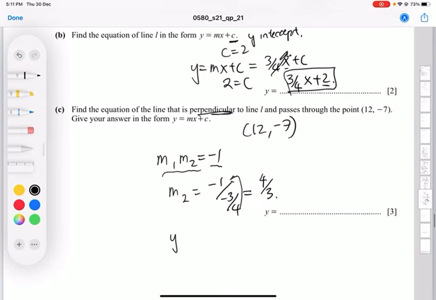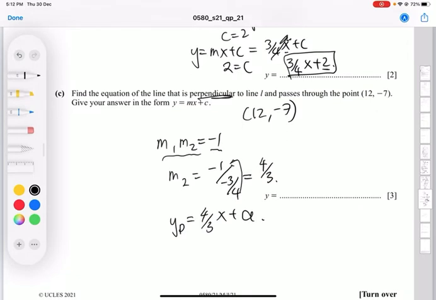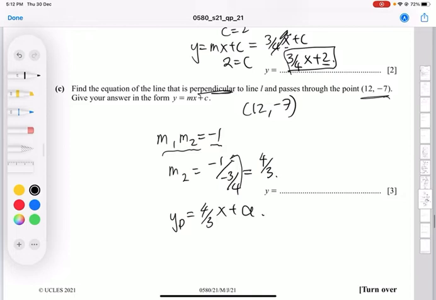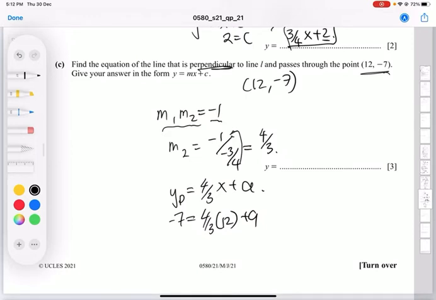Now, this perpendicular is y equals 4 on 3 x plus c. Oh, let's call it A. It passes through the point (12, minus 7), so substitute that in. 4 on 3 times 12 plus A equals minus 7. So you do the algebra, you take A equals minus 7 minus 48 over 3. 48 over 3, that's 16.